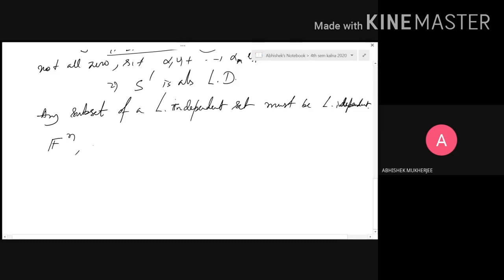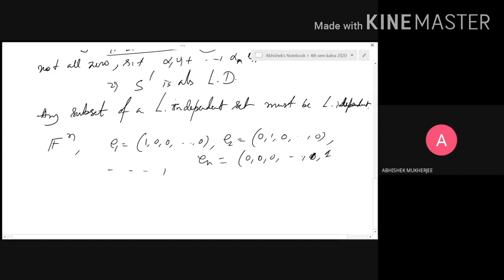This vector space has a set of vectors like e1 is 1 0 0 ... 0, e2 is 0 1 0 ... 0, and so on, en is 0 0 ... 0 1.